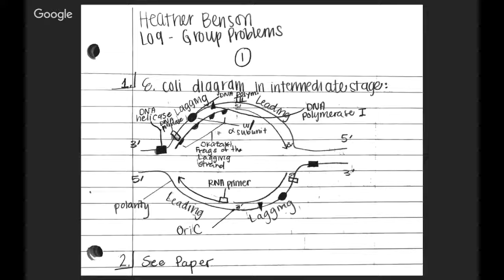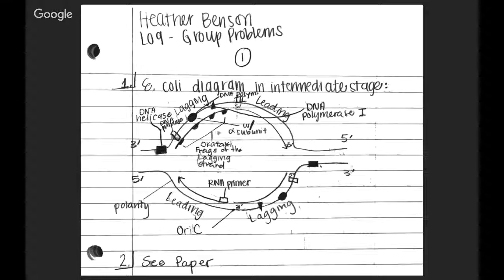The first thing that it wants to know is the ORIC, and that is over here. And then after that, it wants to know the DNA primase, and DNA primase is over here on the lagging strand. And then we have DNA helicase, which is over here on the end, and there's actually a DNA helicase over here on the opposite side.